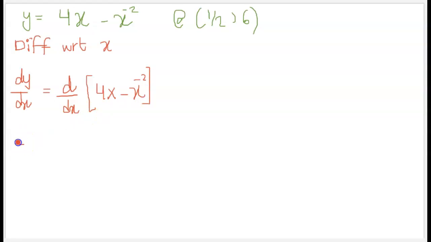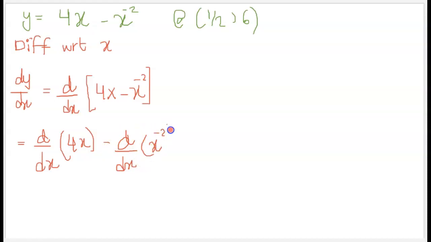Now, when I start differentiating, obviously I need to do that thing first and then the other one. So d over dx of the 4x minus d over dx of that one.